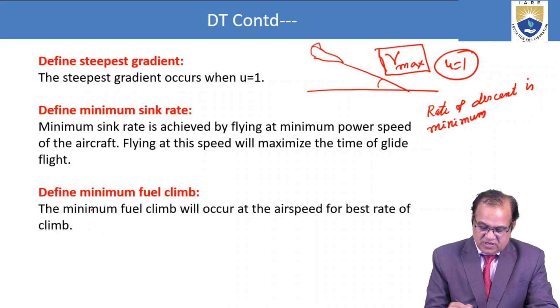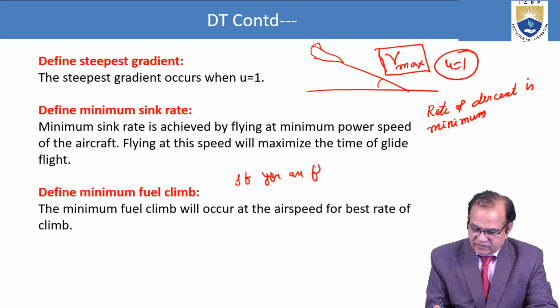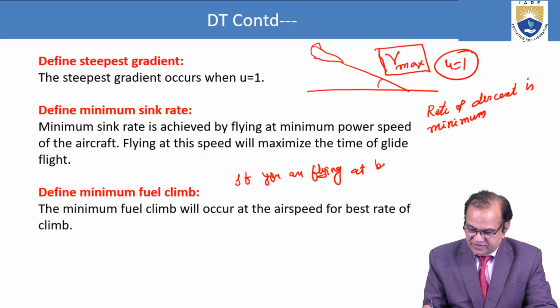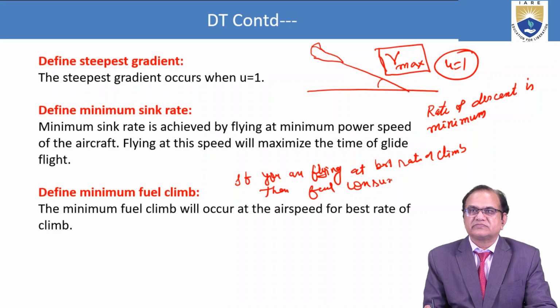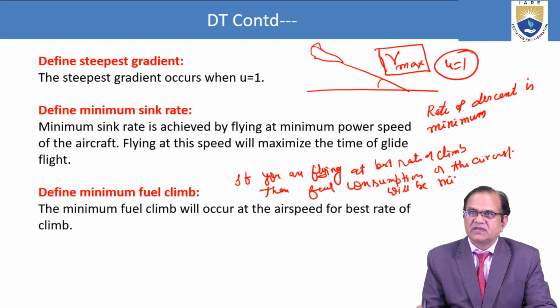So if you are flying at best rate of climb, then fuel consumption of the aircraft will be minimum.